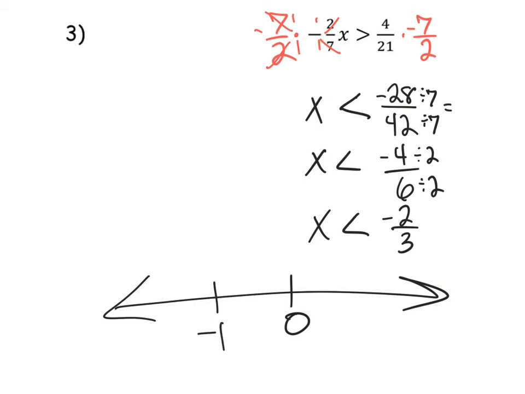Negative 2/3. It's a negative, but it's really closer to negative 1. Should this be an open circle or a closed circle though? Open. Yep. And it says less than because it's in the direction of an L. Less. Left. Your shading needs to go to the left. Good. Let's move on.